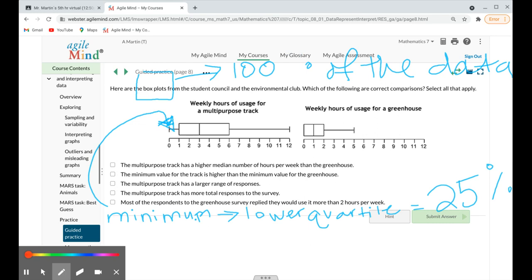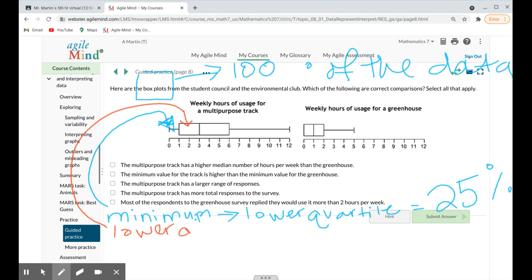All right, the next one that I'm going to talk about is here, and that is from the lower quartile to the median. And how many percent does it represent? 25%.